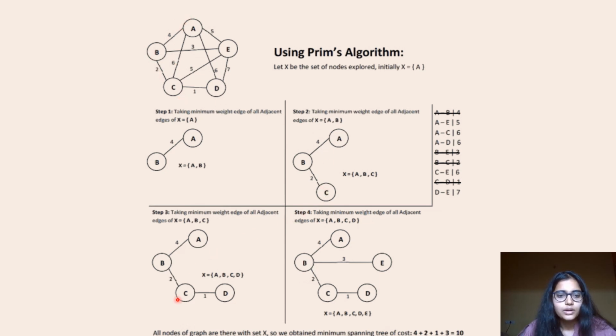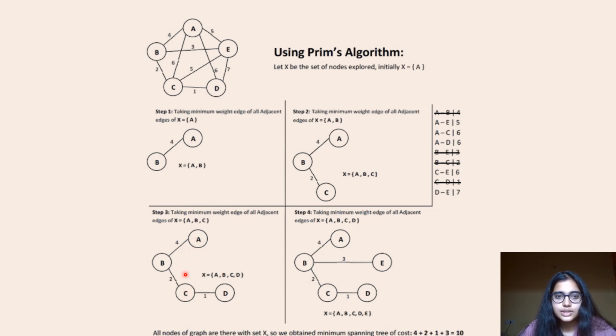And now from C, I have to check which is the lowest weight where I can visit. So for C, E is connected and D is connected, and A is also connected. But when I place A to C to A, then it forms a cycle, and also it is having the higher weight.